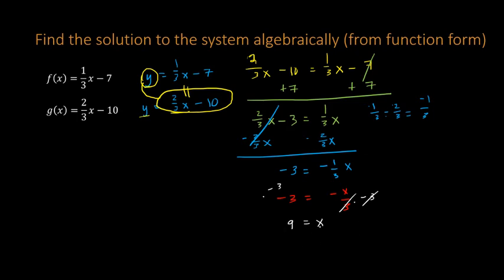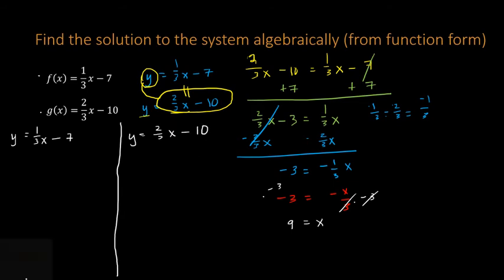Now that was a little tricky, so this is going to be one of those examples where it's good to double check and plug our x value into both equations and make sure we get the same y value. So let's do that. We got a value of x equals 9. So if I plug 9 into y equals 1/3 x minus 7, and we've also got y equals 2/3 x minus 10.